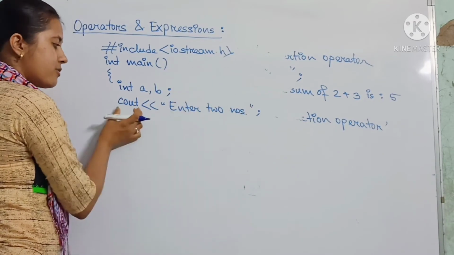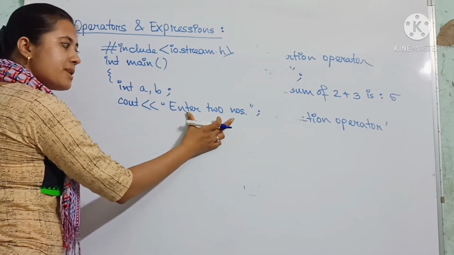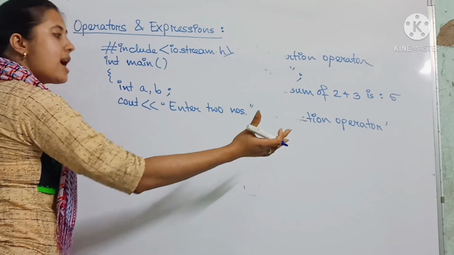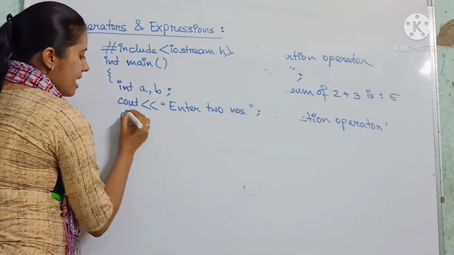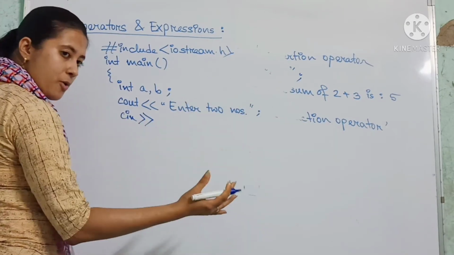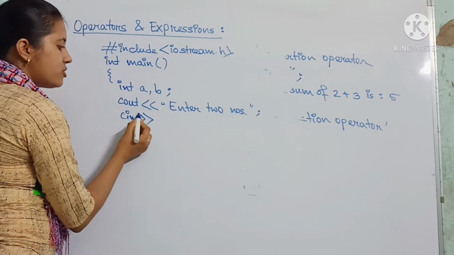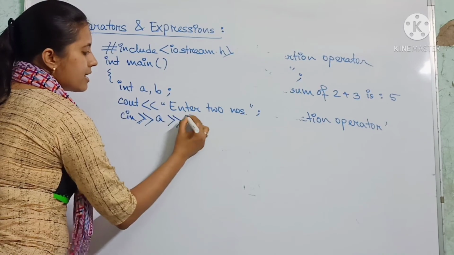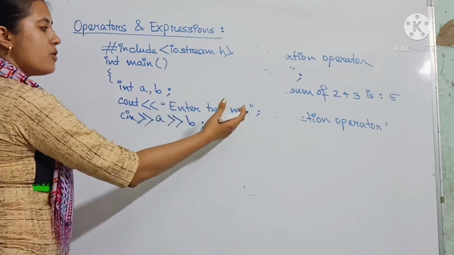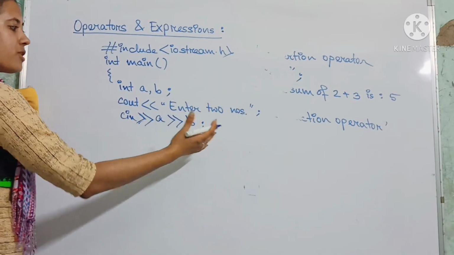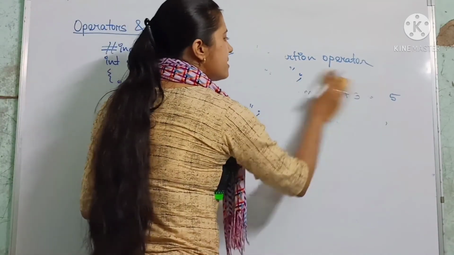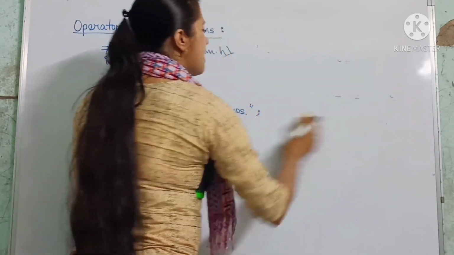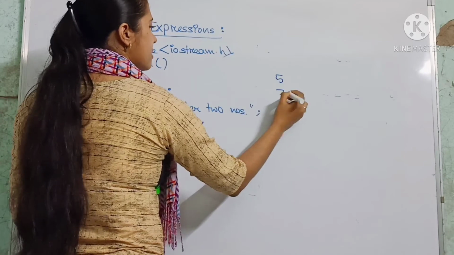So "Enter two numbers" will be printed on the monitor, and for printing on the monitor we use cout. After that the user will enter values through the keyboard, and they will be extracted through this cin operator and put in these two variables. Suppose at the time of execution, the user has given two values, 5 and 7.